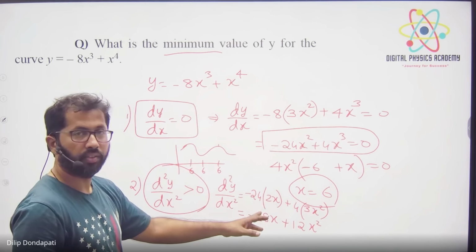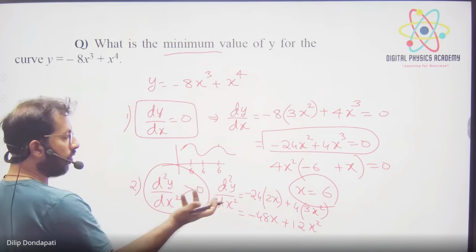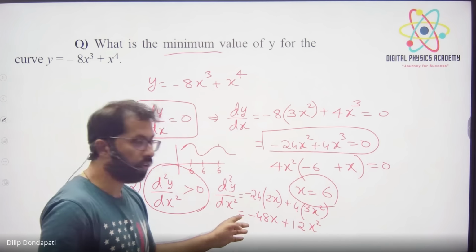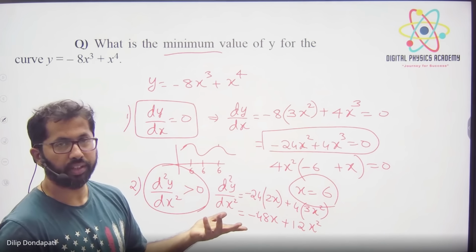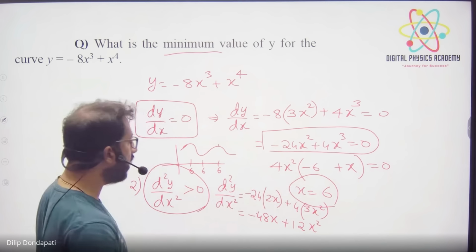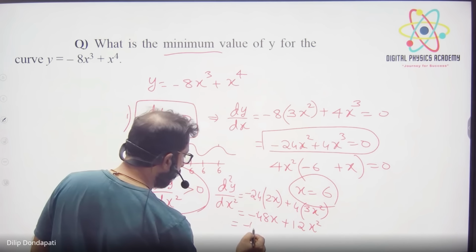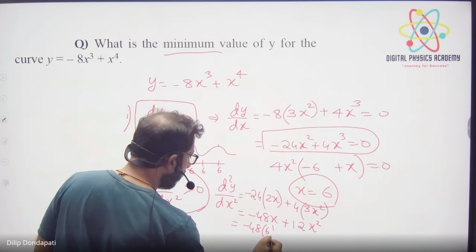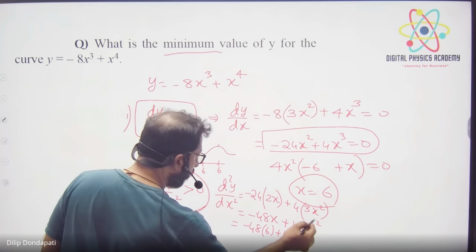Sir, but can we just say minus 48x plus 12x square is less than 0? No, we cannot say less than 0 or greater than 0 just by seeing it; we don't know, right? So for checking we are doing this. Substitute minus 48 into 6 plus 12 into 6 square, which is 36.